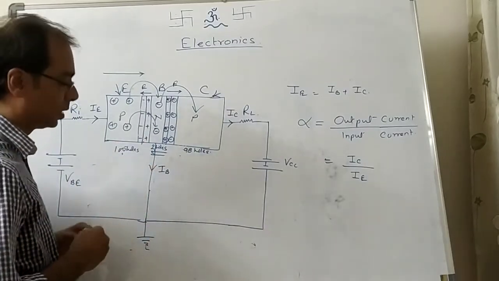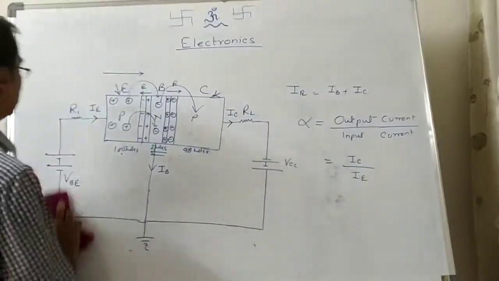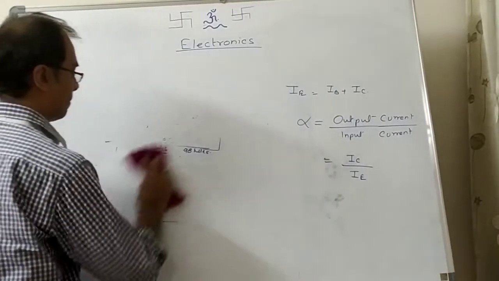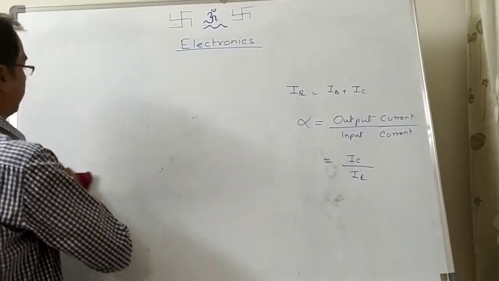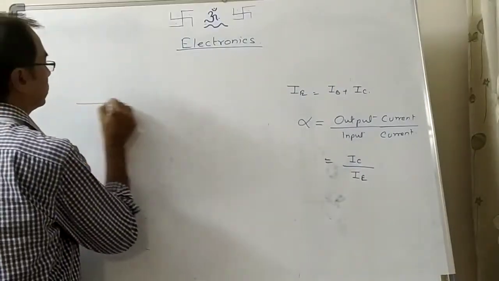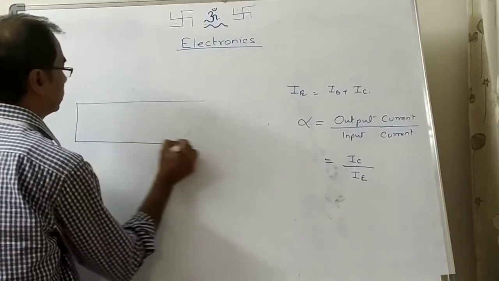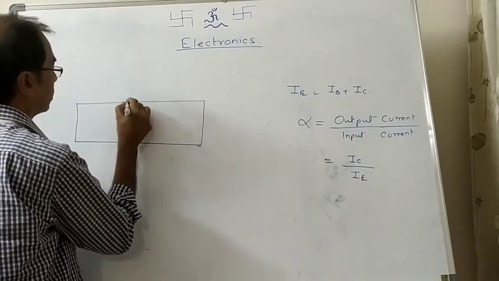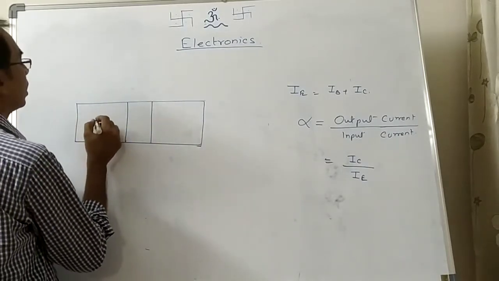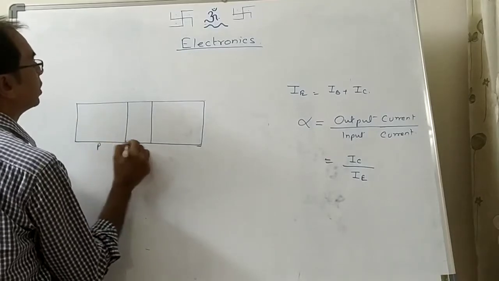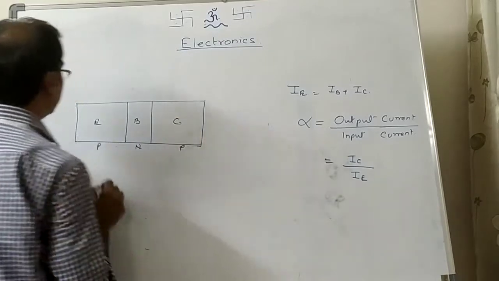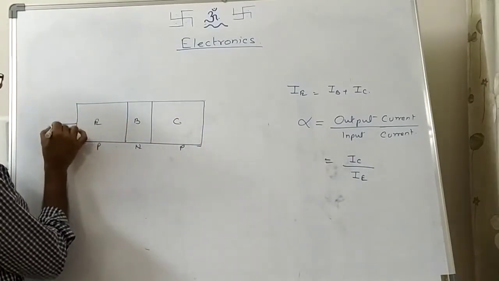Same way we can do for common emitter also. Let's see. So if we do common emitter, this is emitter, this is base, and this is collector. Okay. And same PNP we are going. Emitter, base, collector. So emitter is connected with the base. Again it is forward bias.